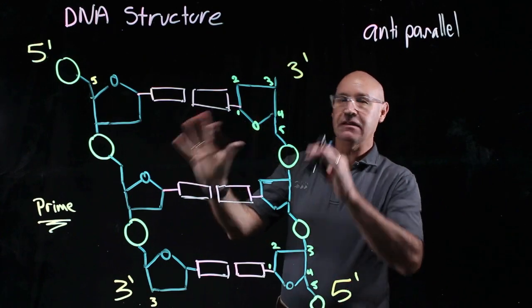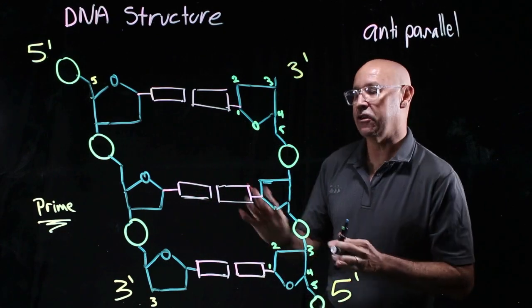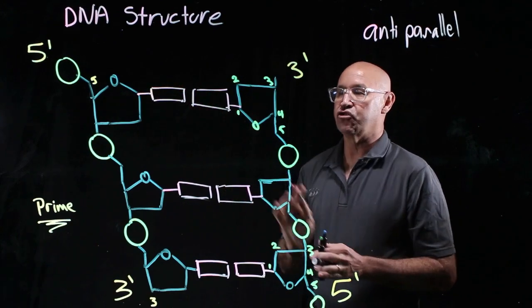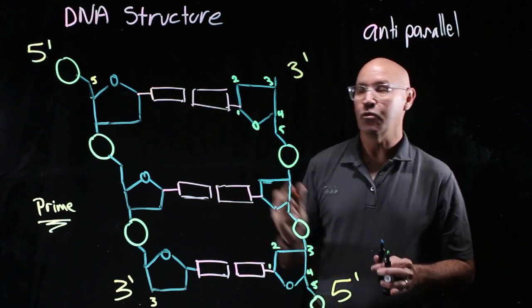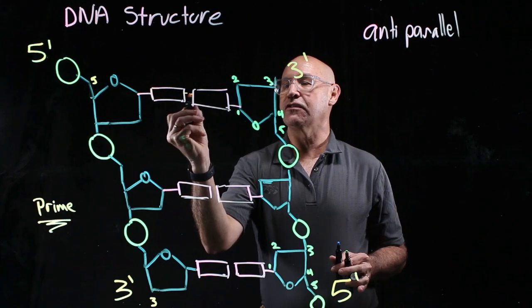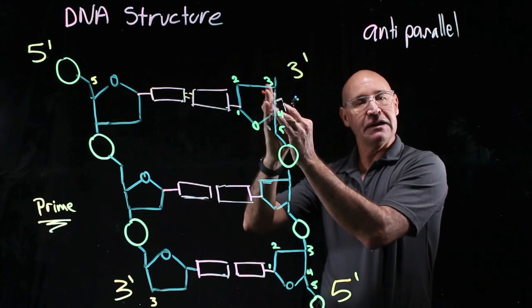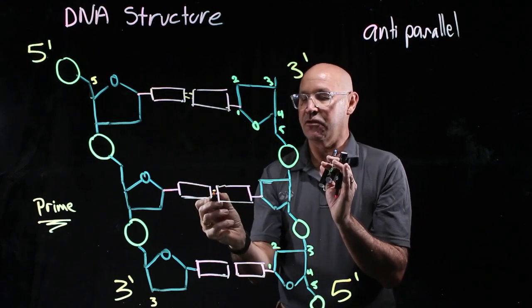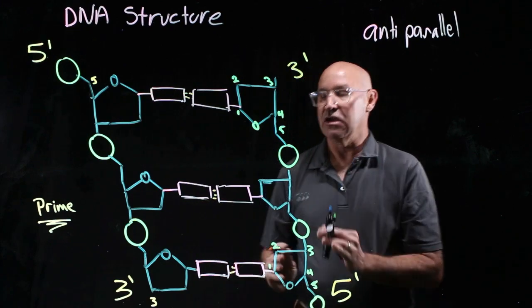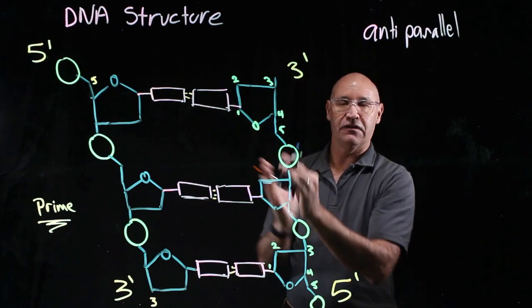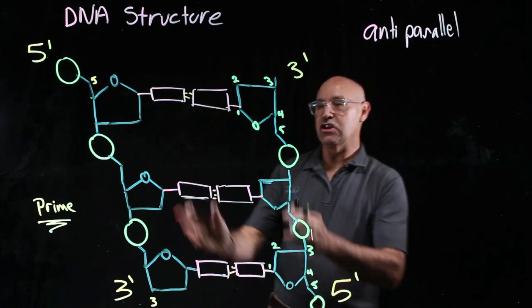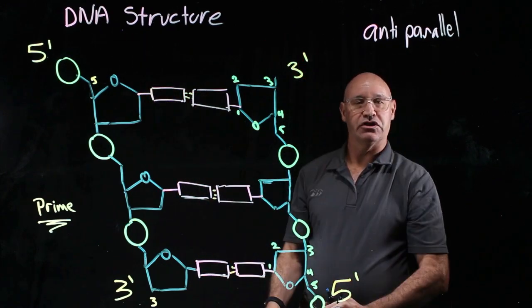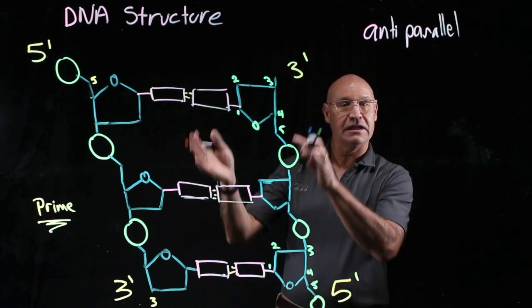So it's anti-parallel. One more thing I need to tell you is our bases join together in the middle with weak hydrogen bonds, because of course the DNA needs to unzip. So we've got these weak hydrogen bonds that hold the 2 strands together. So you can see that the primary structure of DNA looks like a ladder.